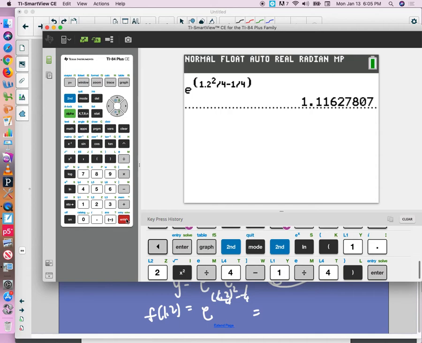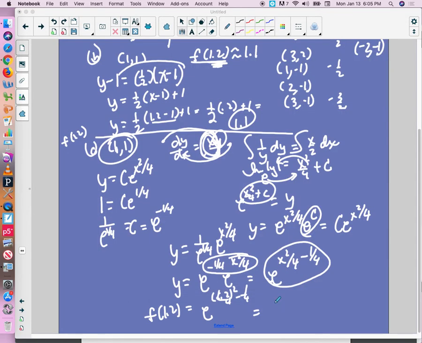And I get 1.116. All right, so that's what it actually equals, 1.116.